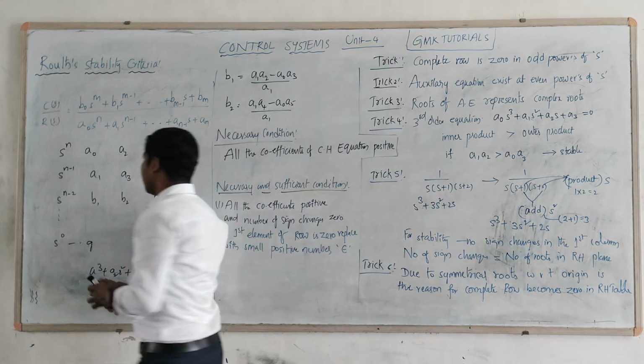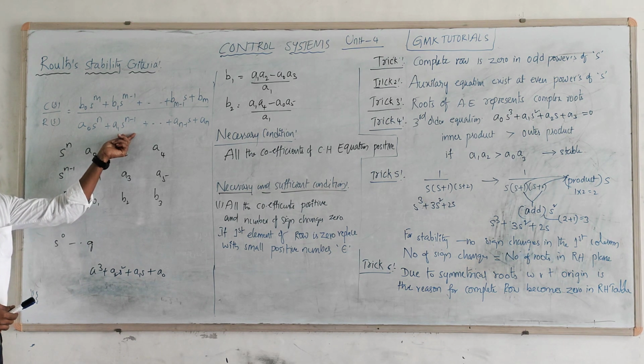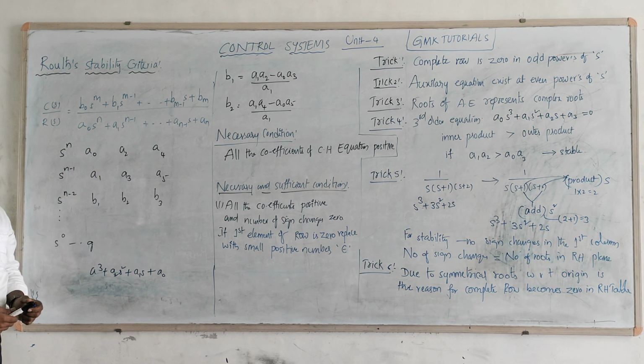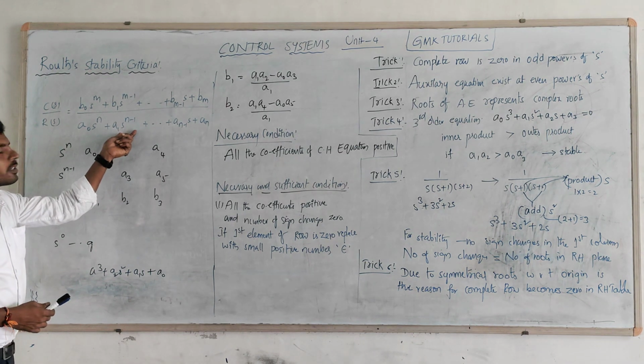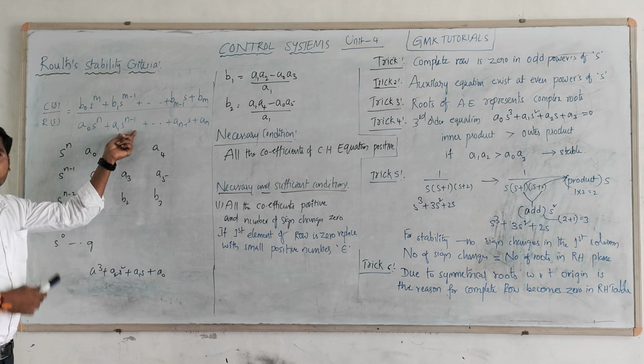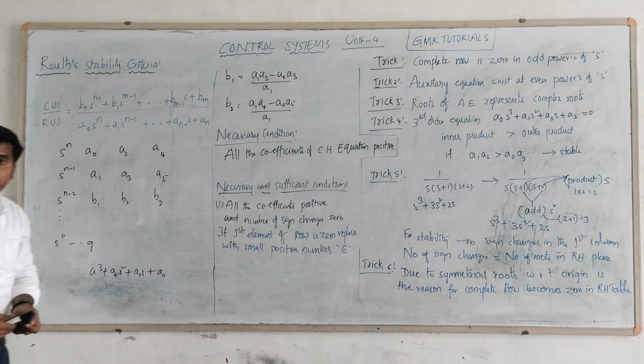Generally, I think all of you are well aware of this. The denominator of the corresponding transfer function represents the CH equation. We can also call it the characteristic equation. Why do we call it the characteristic equation?